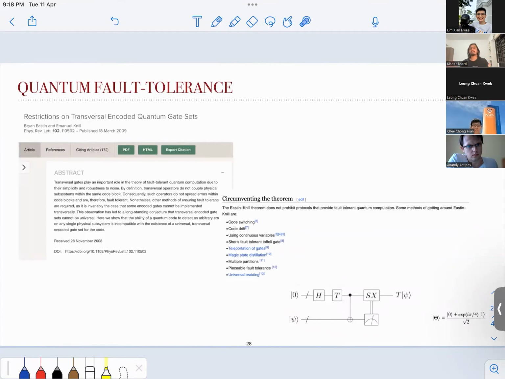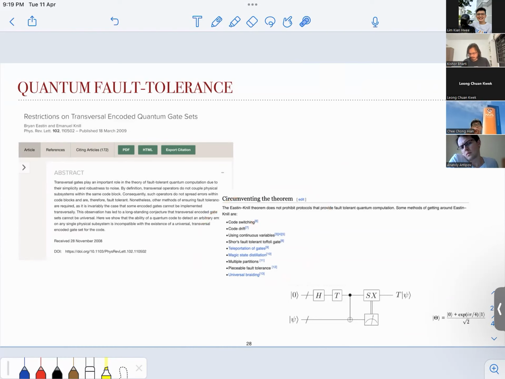So here, the T gate cannot be implemented transversally. As Earl Campbell says, it's like you are a poor guy with a not so big blanket, and every time you try to cover one part of your body, something else will remain uncovered. But there are ways to circumvent the theorem using code switching, code deformation.